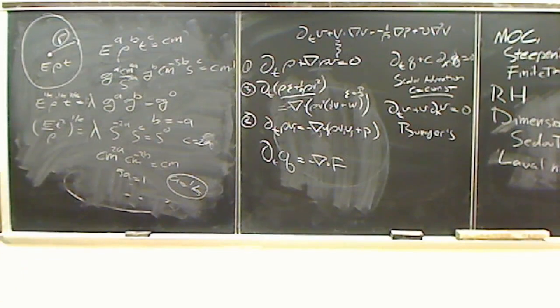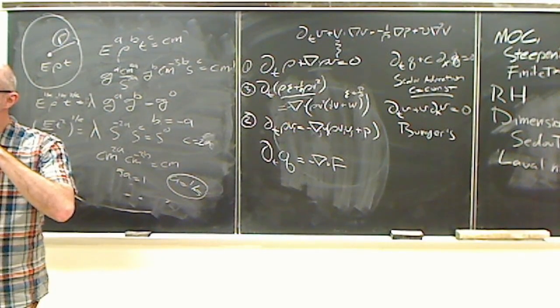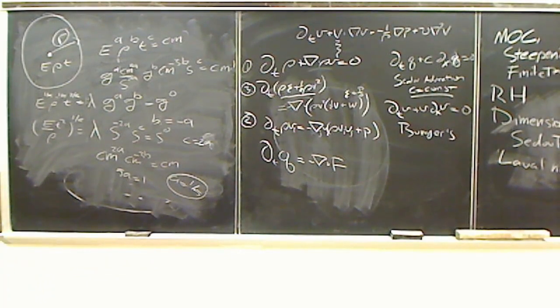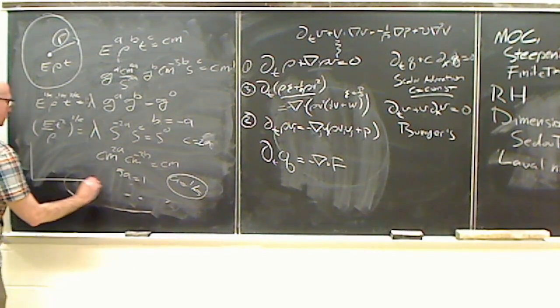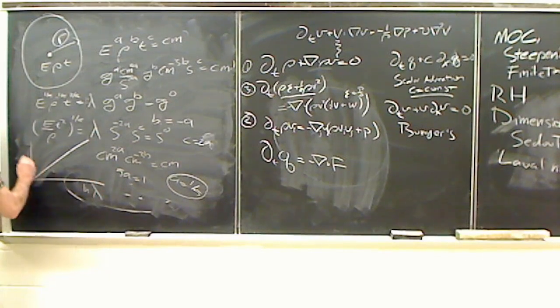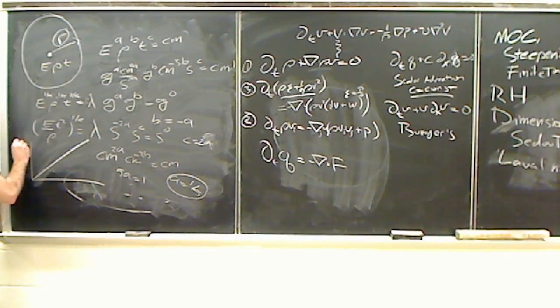One of the things that you can do is determine how energetic a supernova is based on how far it moves. So if you plot the log of the size versus time, you'll get a straight line.